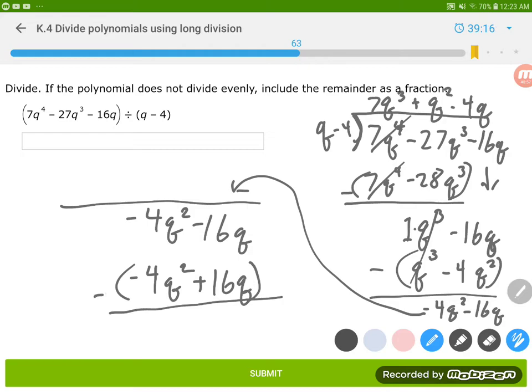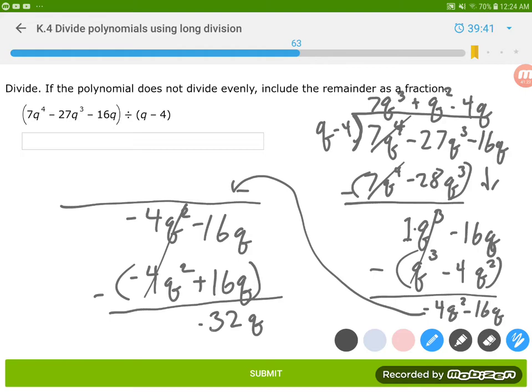But remember, we are subtracting these, and our negative 4q squareds are going to cancel out. But then we will have a negative 16 minus 16, right? Negative 16q minus 16q is going to be negative 32q. So don't be fooled by that. Don't make a careless mistake. That would definitely lead you down the wrong path.